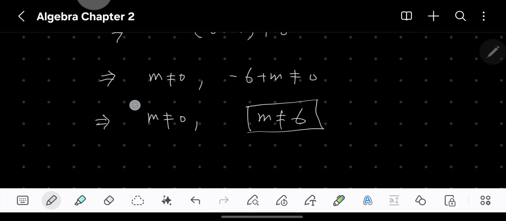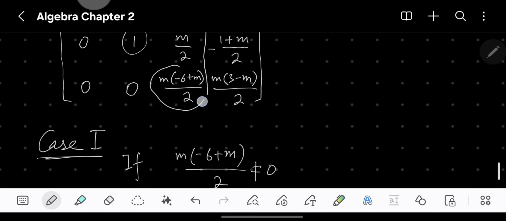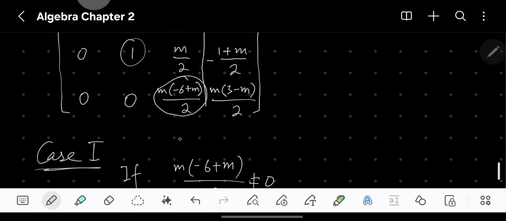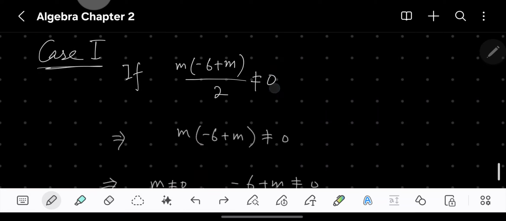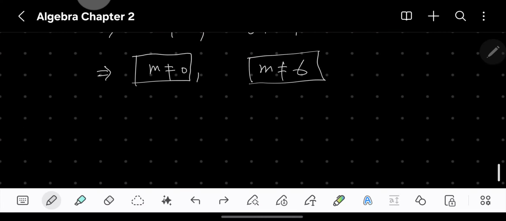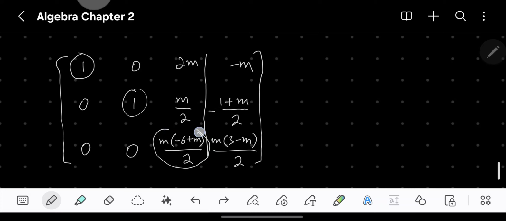So these two values are very critical values, because if m is 0 or m is 6, then this whole entry will become 0. If it becomes 0, then I cannot get 1 here. If I cannot get 1 here, then I cannot get the unique solution. You understand that? So if both values are not 0, then I can get 1 here. How can I get 1 here?